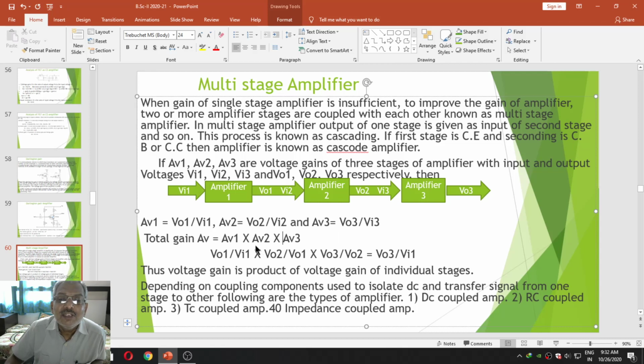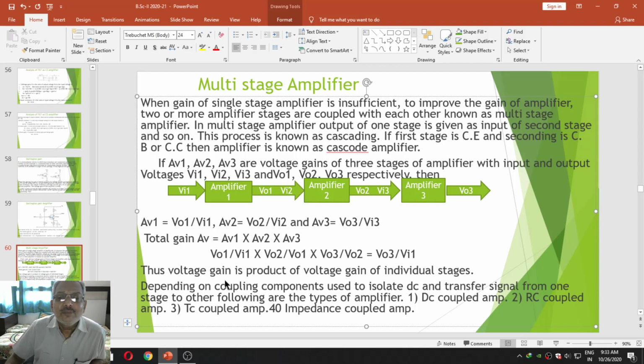One is VO3 and second one is Vi1. So that's why net gain will be VO3 upon Vi1. VO3 upon Vi1 is nothing but the entire gain of multi-stage amplifier. It is in general AV we can call it as. Thus the voltage gain of multi-stage amplifier is the product of voltage gain of individual stages.